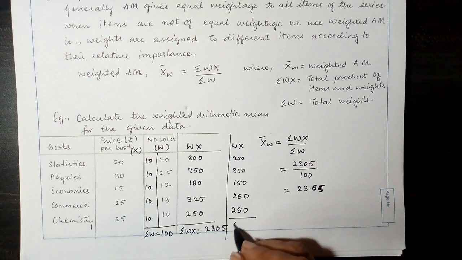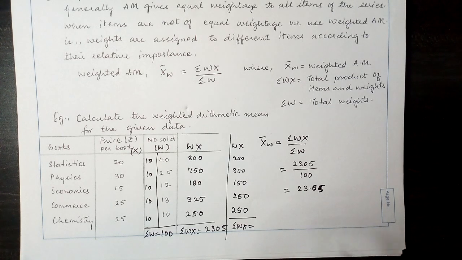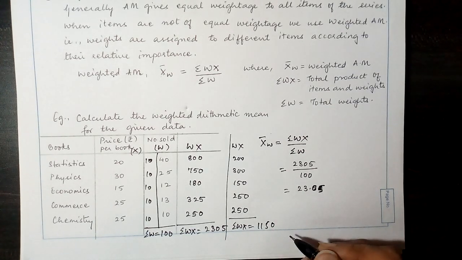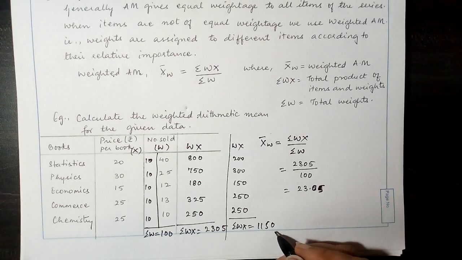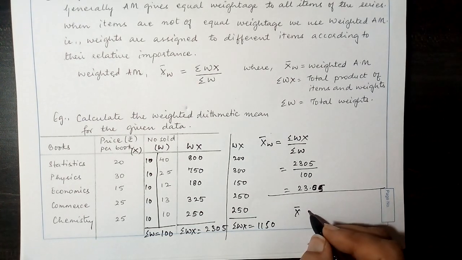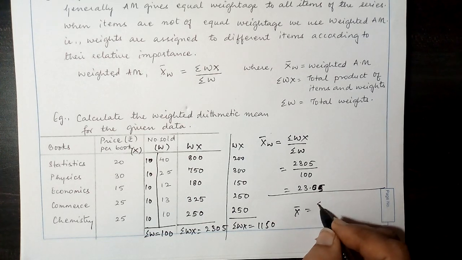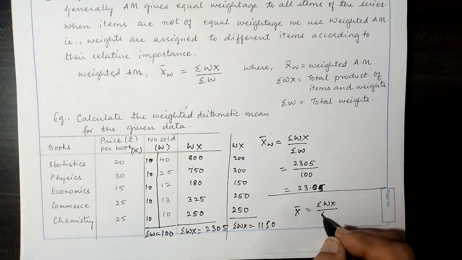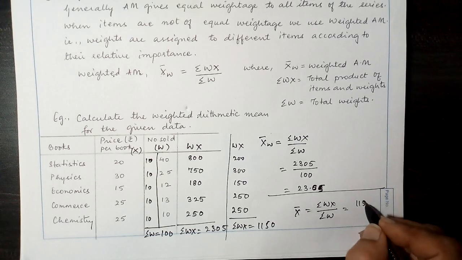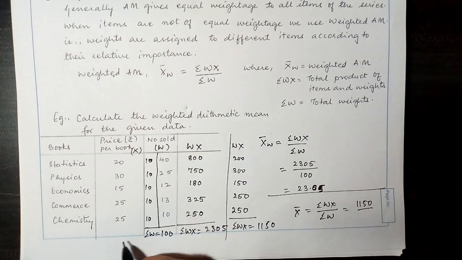So the new total sigma Wx will be equal to 1150. Okay, 1150. So the new mean would be x bar is equal to sigma Wx by sigma W, equal to sigma Wx we found out 1150, but sigma W is changing here.